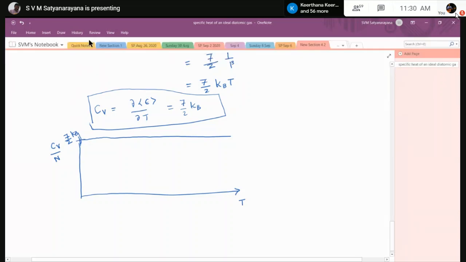Now, if you do an experiment, then what one observes is an interesting result.